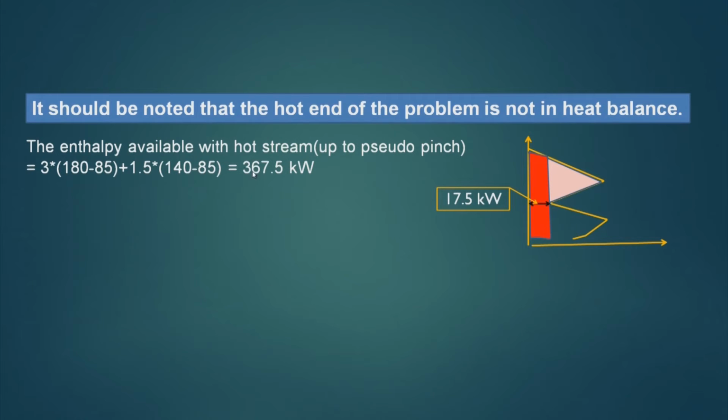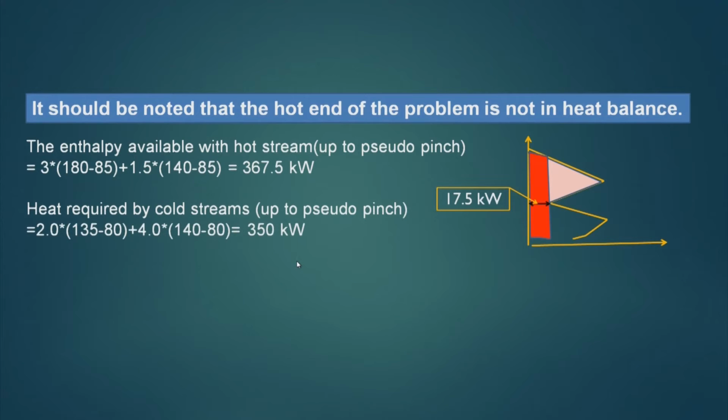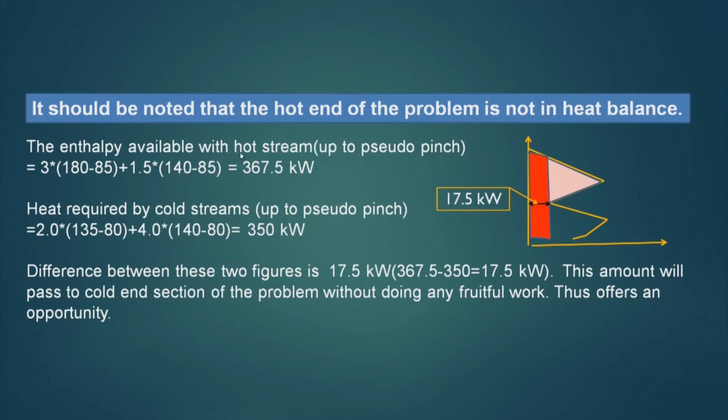Similarly, the heat required up to the pseudo pinch by the cold streams, this is the first stream, this is the second cold stream, comes out to be 350 kilowatt. So, if I deduct the cold from the hot, it comes out to be 17.5 kilowatt. So, 17.5 kilowatt of heat will pass from this hot stream to the cold stream.